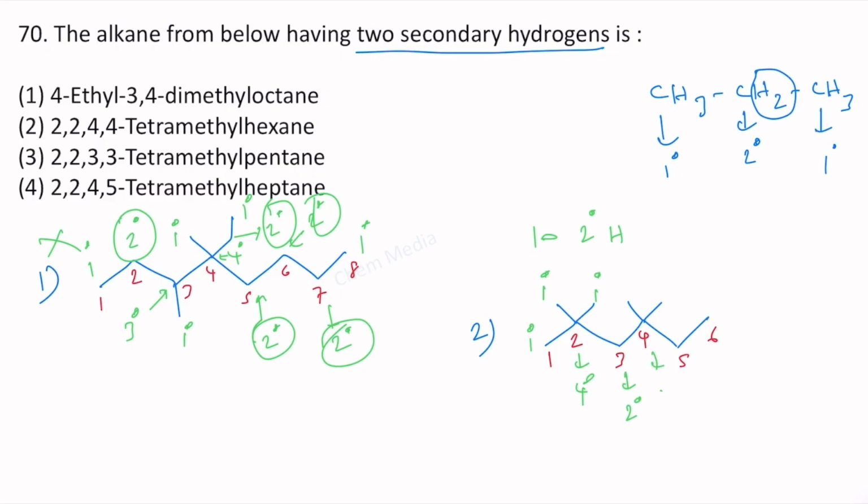And then this is quaternary carbon again. This is primary, this is primary, this is secondary, and this one is primary. So we have 2 secondary carbon atoms, and that means we have 4 secondary hydrogens. Therefore, this is also not the correct answer.